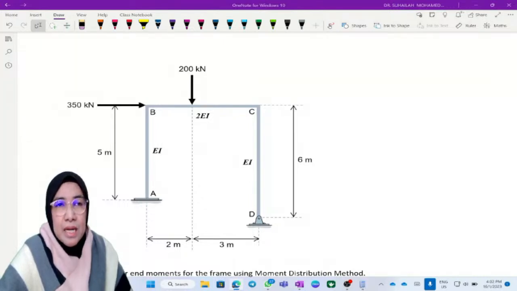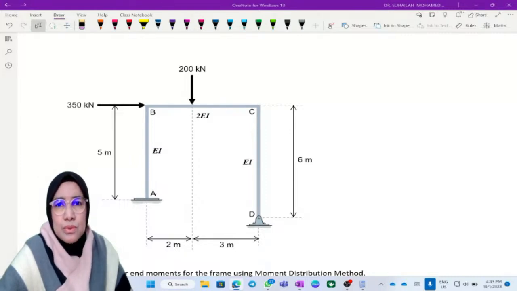We have non-sidesway frame, or we can also call it non-sway frame, and we also have sidesway frame analysis. In sidesway frame analysis, for the solution, we combine both non-sway frame and sidesway frame in one analysis.